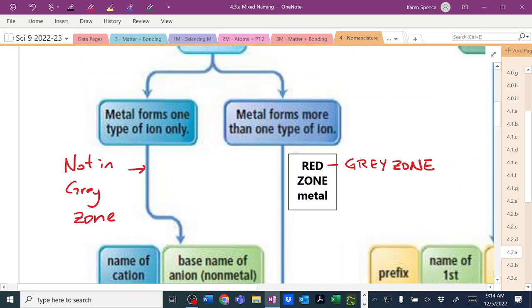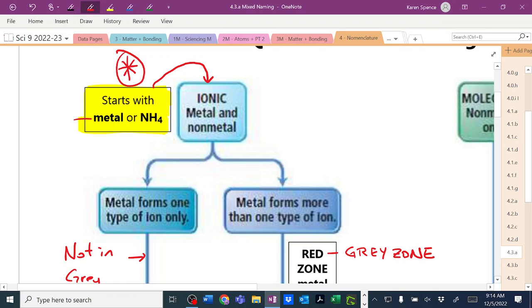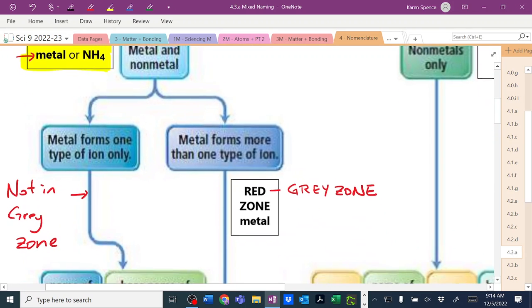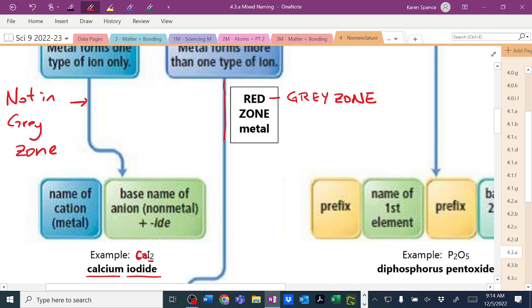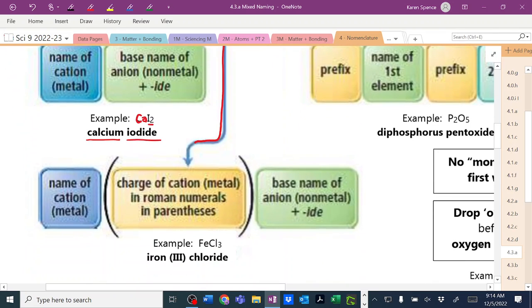If you say, oh yes, it does start with a metal, but that metal forms more than one type of ion, it's in the gray zone, then you can follow this one down here and ask, if it's in the gray zone, what do I do differently? You will figure out the charge of the cation, and that's the Roman numeral, okay? So you'll write the name of the cation, then the charge, and then the name of the anion with the ending "ide."